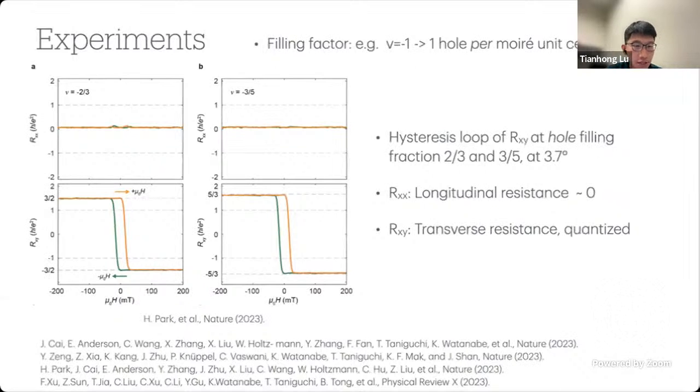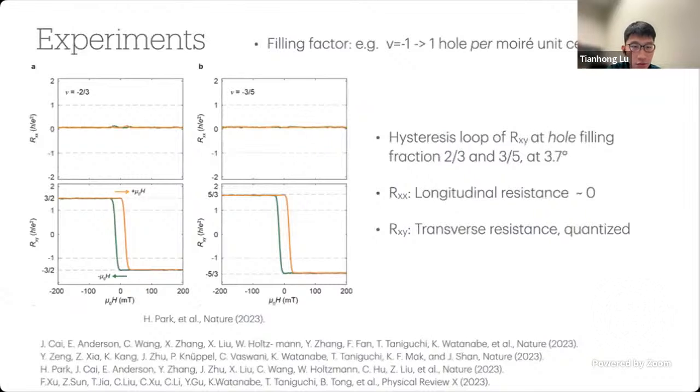The very exciting thing is in the second row, the transverse resistance, or Hall resistance, which is quantized to a fraction. For example, in the first column it is quantized to ±3/2, and in the second column to 5/3. These two fractions are actually the inverse of the filling fraction.